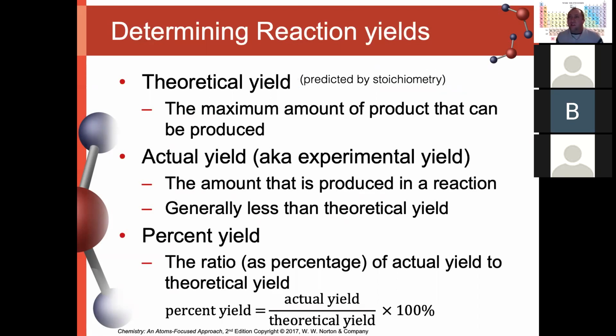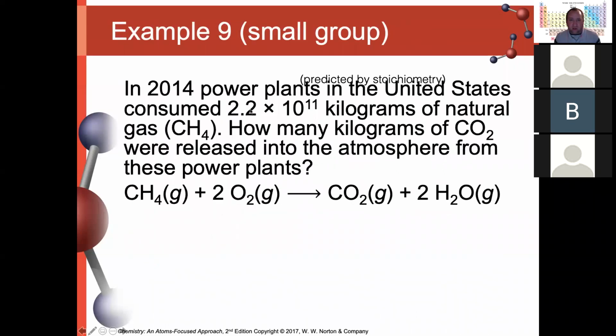And so that tells us how much we should have gotten. Our experimental yield: let's say that we did that reaction in a laboratory, which I don't know how we would, but let's leave it at that. Let's say that we did it on a small scale, and instead of burning 2.2 times 10 to the 11th kilograms, we burned 2.2 kilograms.